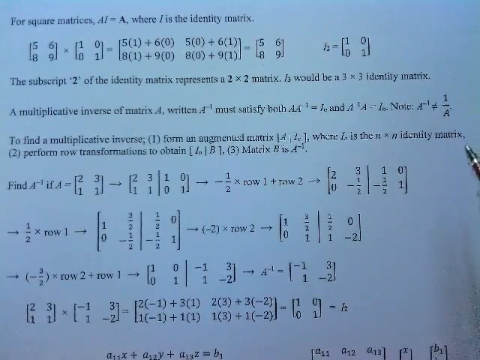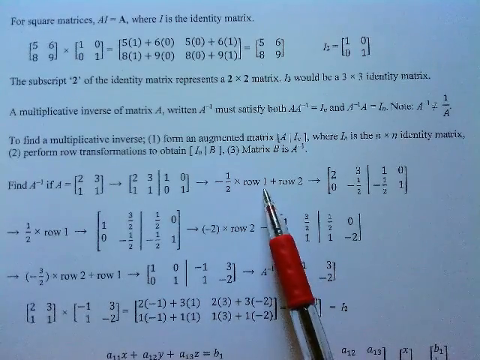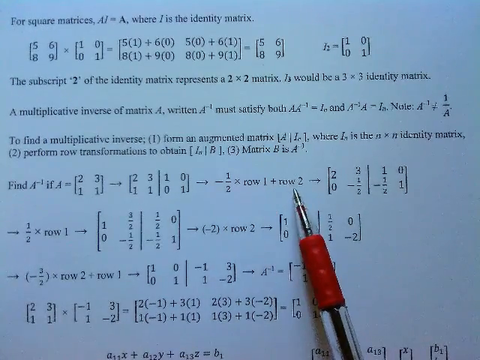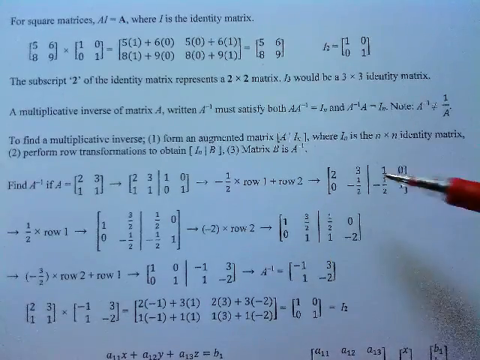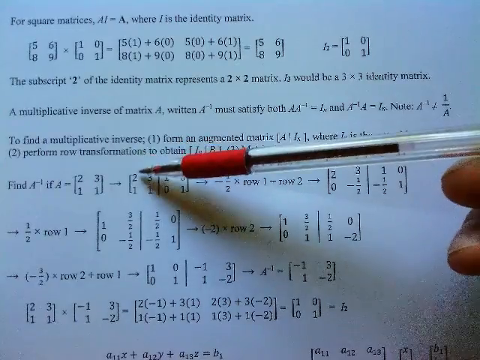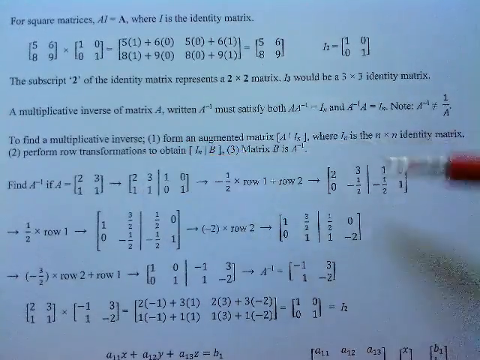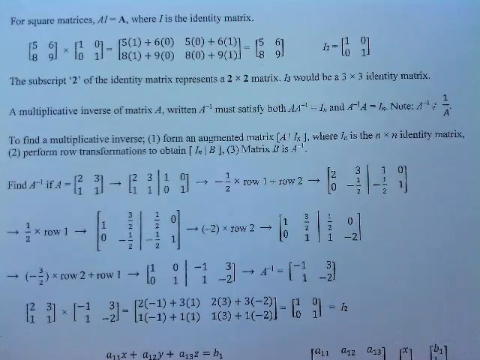First, we're going to do -1/2 times row 1, add that to row 2. If we do that, we have half of 2, that would be a 1, but it's a -1. -1 and 1 gives us a 0 there.